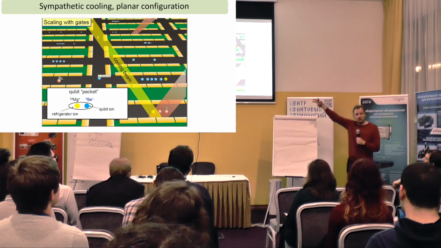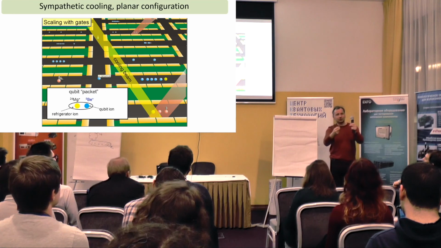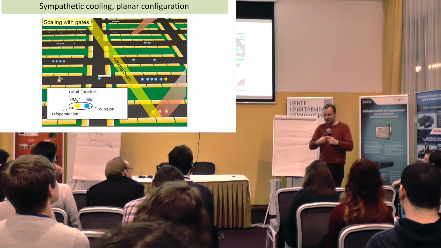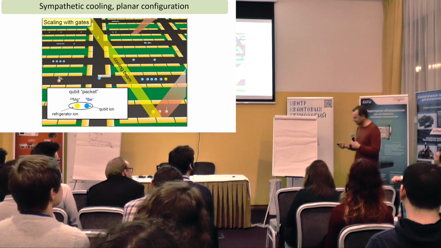It's a huge problem. If you have two ions, one on the right, second on the left, and you just want to swap them, it's not quantum swapping, it's just physical swapping. It's easy with two cars on the road, but it's difficult with two ions in a trap.